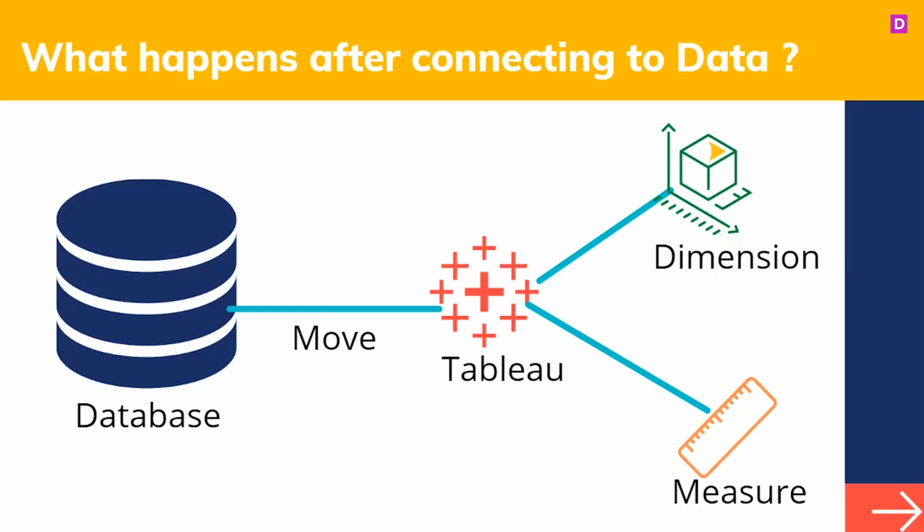Just because Tableau is doing this automatically, it does not mean we should not know about these things. It is important for us to understand why it is doing this, and which fields will take up the position of dimension, and which fields are going to occupy the position of measure. We need to understand that.